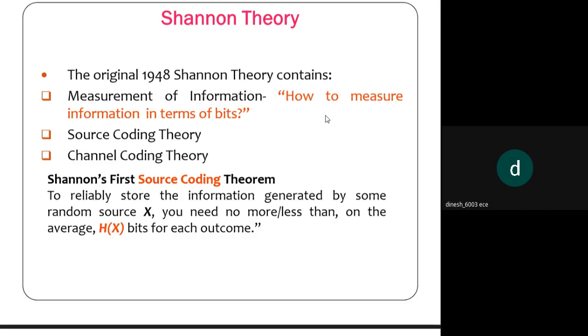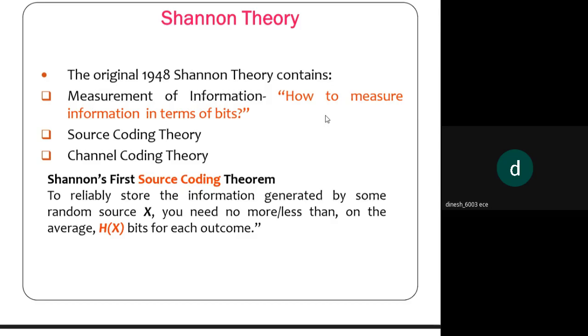In order to have reliable communication, for the information generated by some user X, we need to have an average of all of this, either more than or less than them. Then only we can have reliable information.